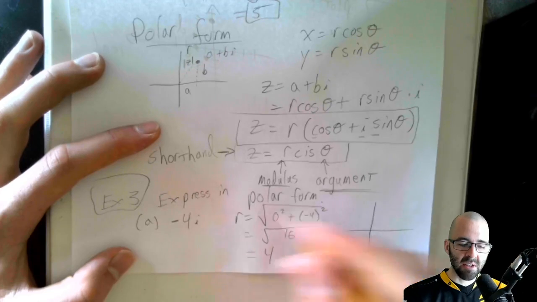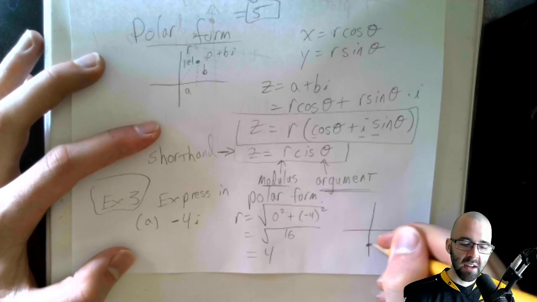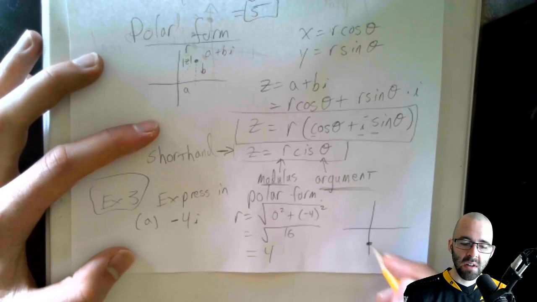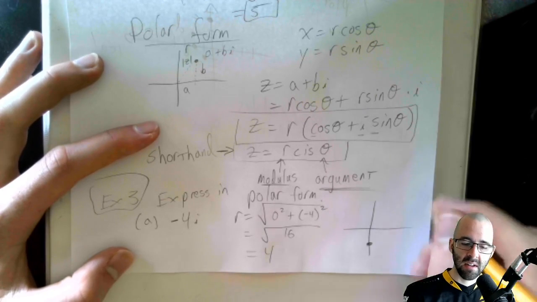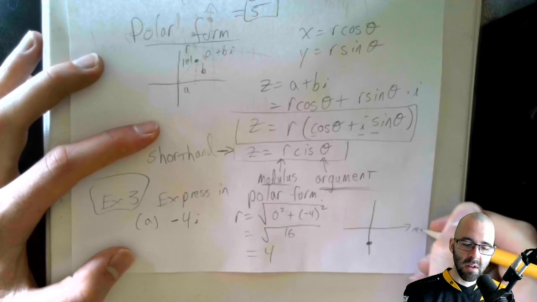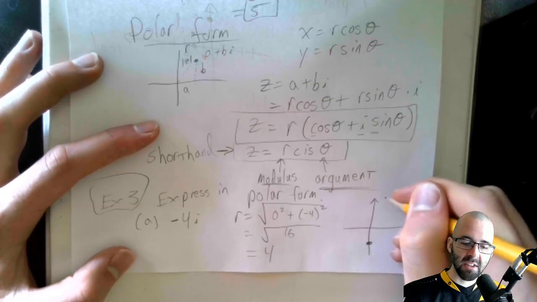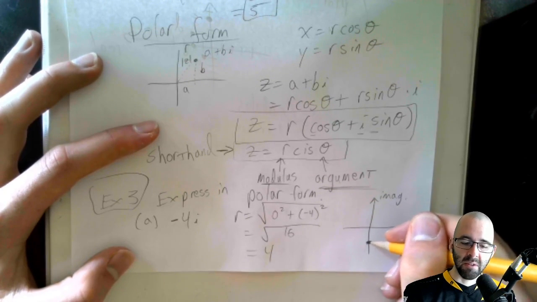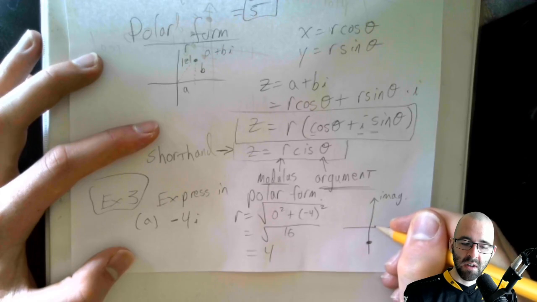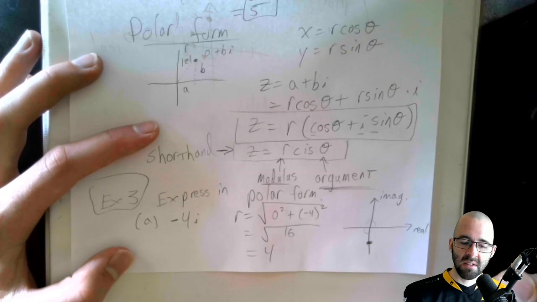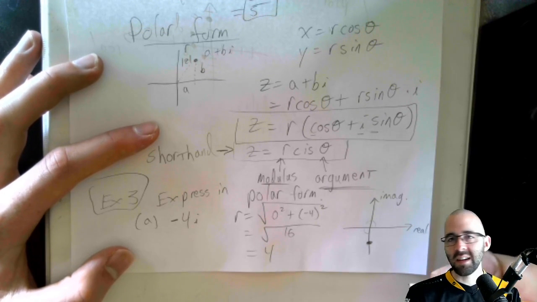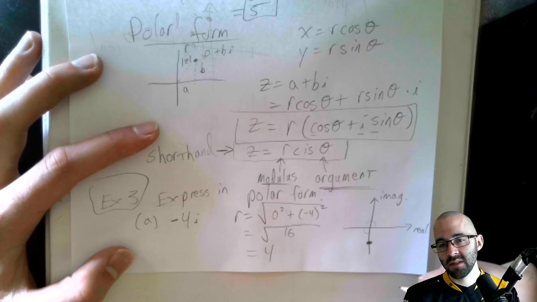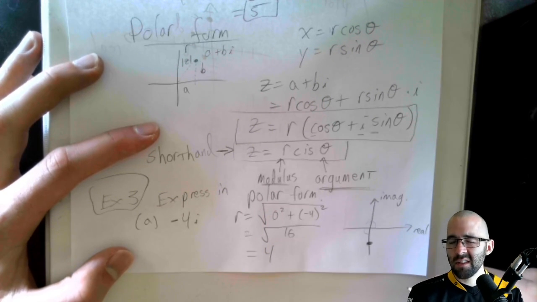To find theta, we can just plot it. It's negative 4i. What angle gets us to here? The real component is 0. The imaginary component is negative 4. So we can say 270 degrees. We can say 3 pi over 2. We can say negative 90 degrees. I think it's standard to use an angle between 0 and 360.